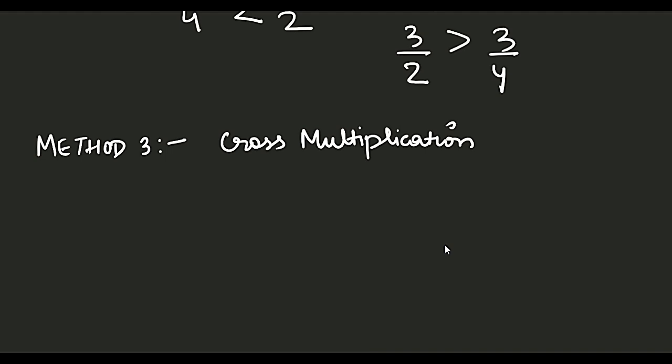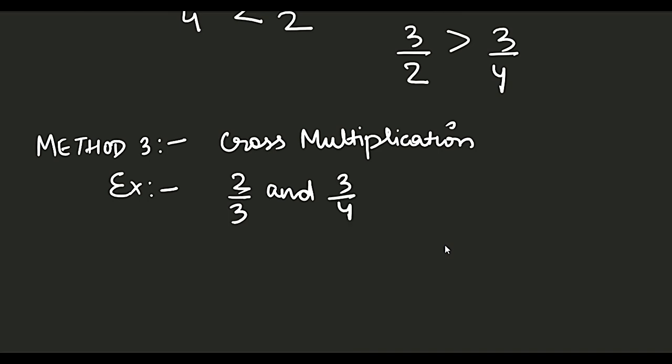None of the fractions have the same denominator or the same numerator. So let's take an example where both numerators and denominators are different. The example here is, let's say, 2 upon 3 and 3 upon 4.